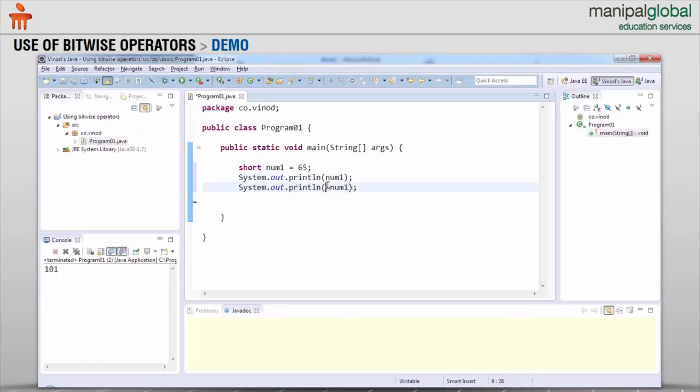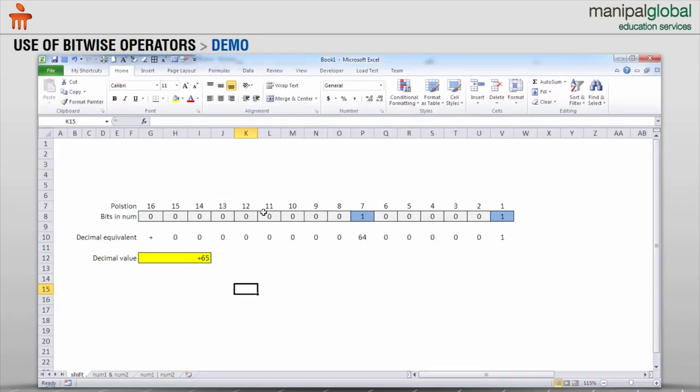But if I'm using a tilde num1, it's just going to complement all zeros to ones and ones to zeros, including the bit that represents the sign. So which means we're going to convert this into ones, and then this is going to be 0, and this is all going to be 1, and this is going to be 0. Now, if you try to check this result, it is not what we are expecting.